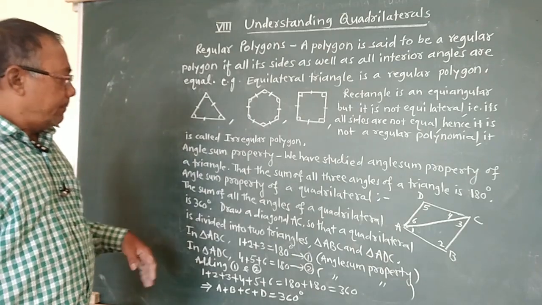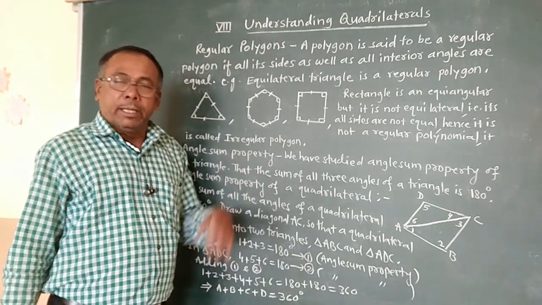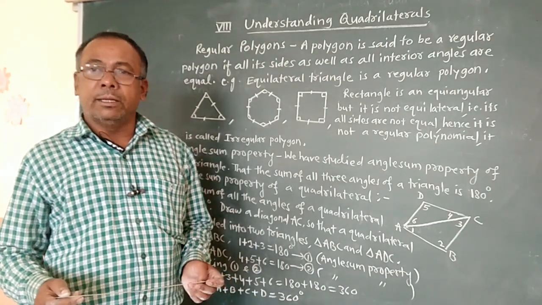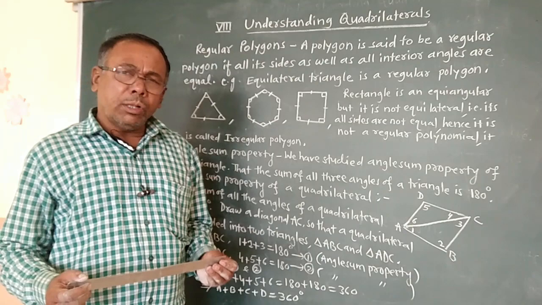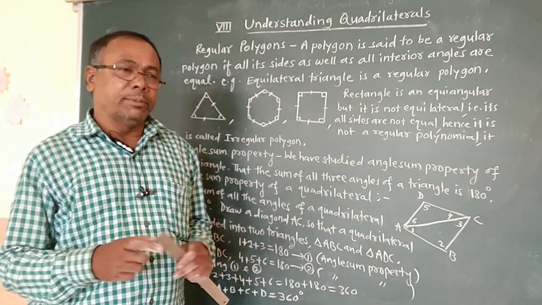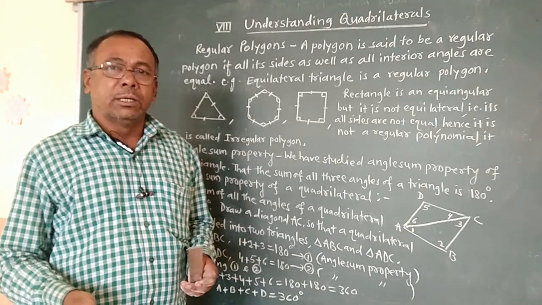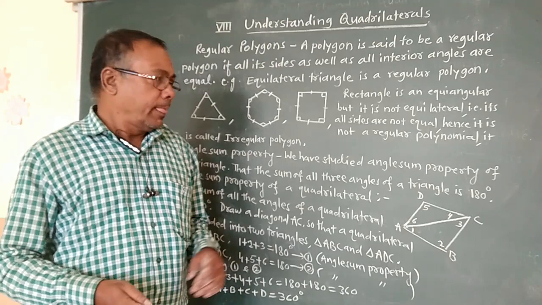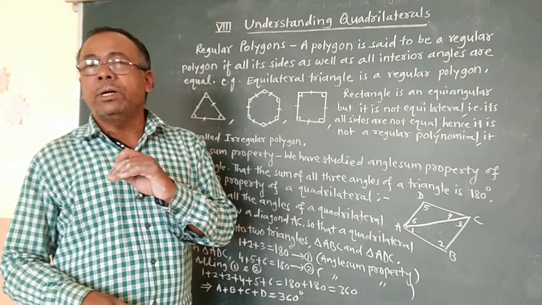Here we have to see the angle sum property. Last year we have seen the angle sum property of a triangle. Means the sum of all the angles of any triangle is 180 degrees, and therefore it is called the angle sum property of a triangle.